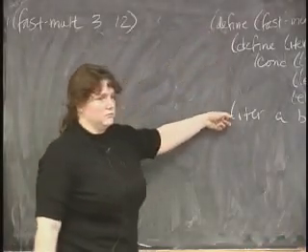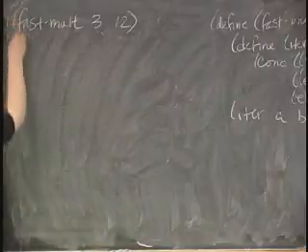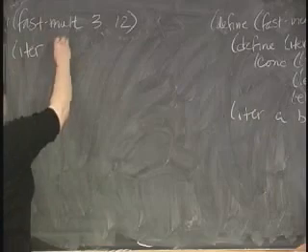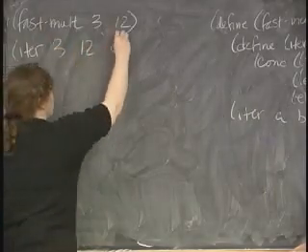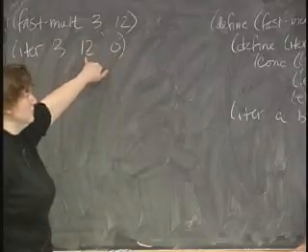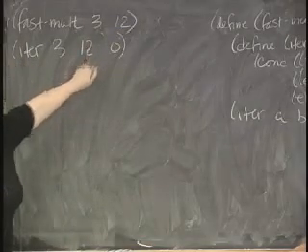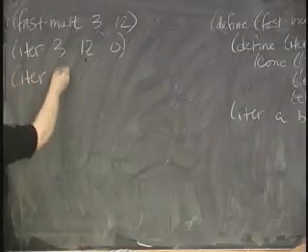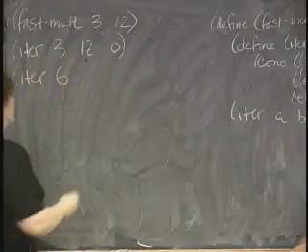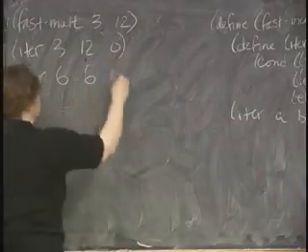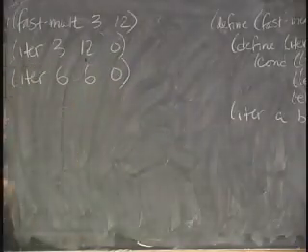Define iter on 3, 12, 0. Is B, the second variable, 0? No. Is it even? Yes. Right. So we say iter on double A, half B. Do we do anything to result? No. We call iter again.